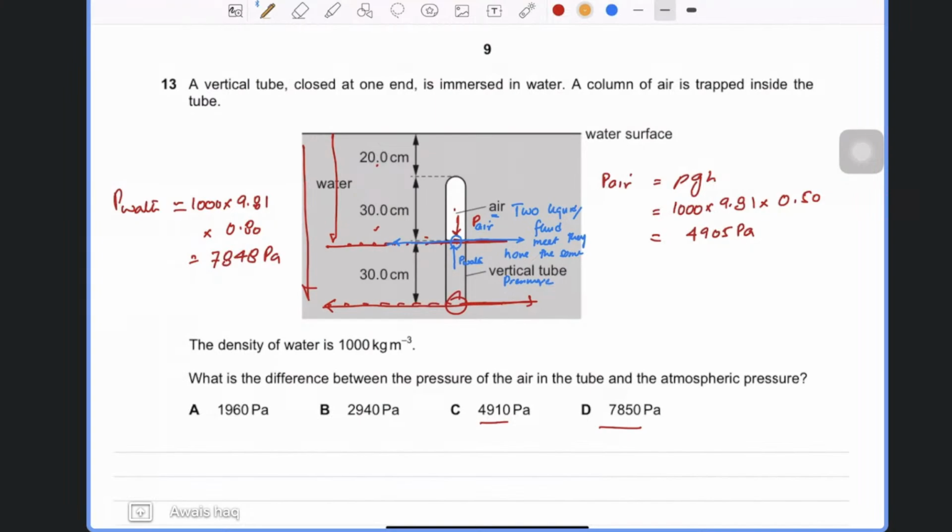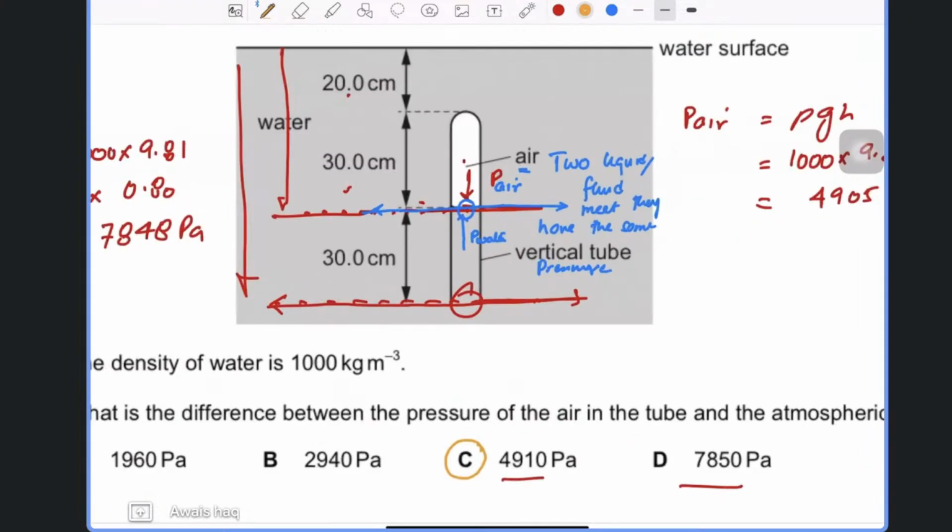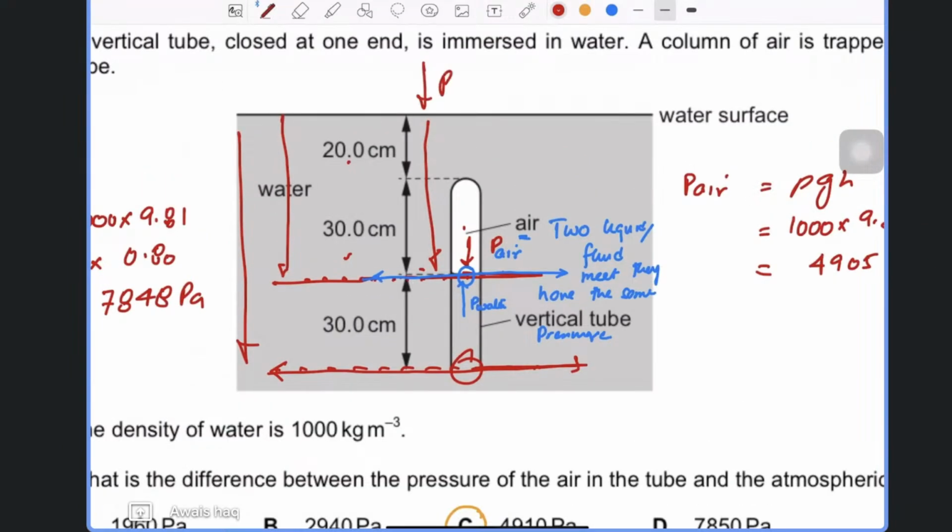That is why I would like to choose this answer over that answer. The water is trying to push the air upwards according to only this much height. Above that there is just atmosphere. So there is atmospheric pressure on top and then there is water pressure, which is right here. So the difference between these two would be the air that is inside. All right, do you guys understand this, or should I explain it again?